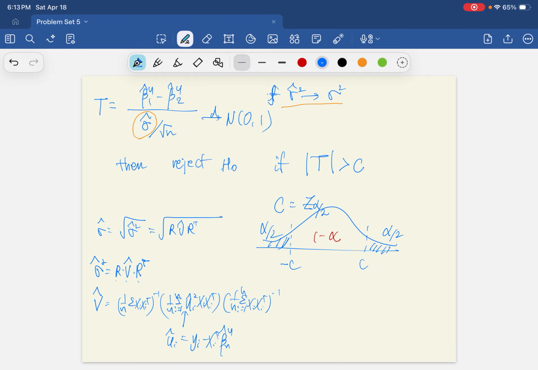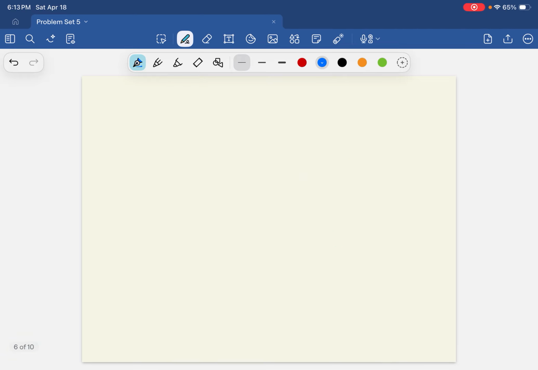So this is how you define a t-test based on the normal distribution. But you may also use the chi-square distribution.